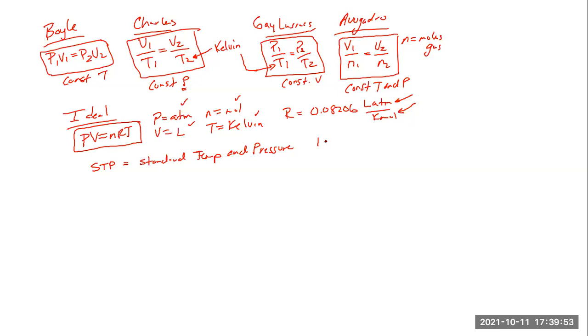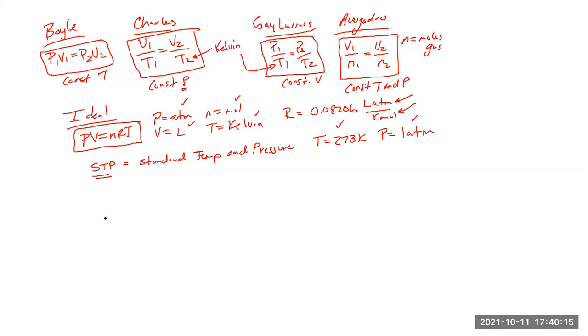The temperature value would be 273 Kelvin if you needed to use it, and the pressure value would be 1 atmosphere. So if they say STP, there are two values that you could use in an equation or calculation.